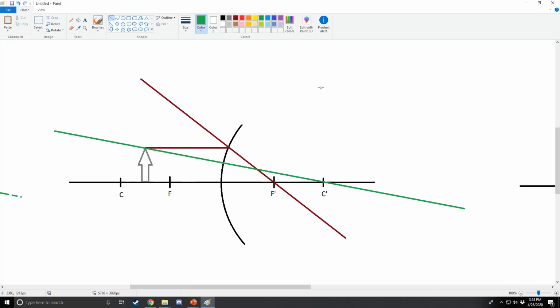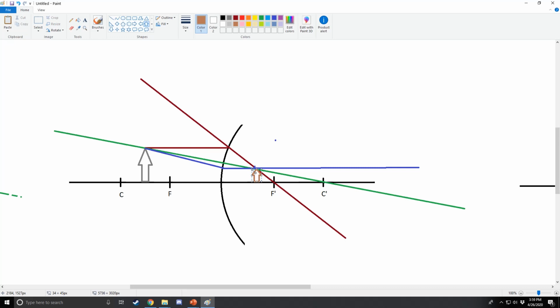And then the last line is going to go through the focal point, right about here, eyeballing it, and then parallel. All right, and they're all crossing right here. So my image is right there.